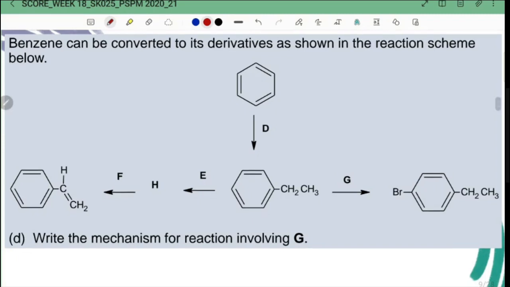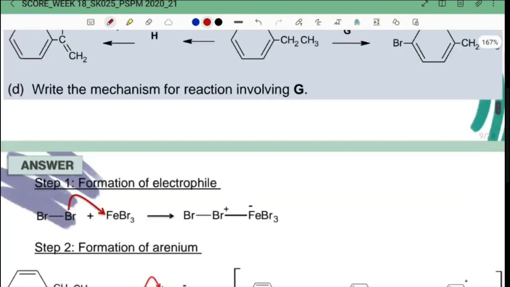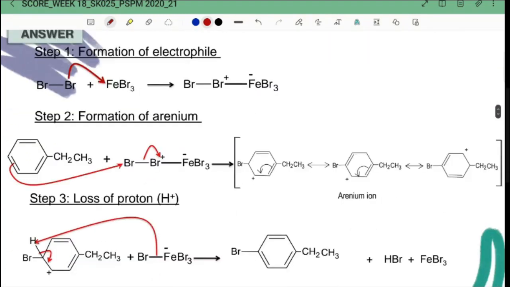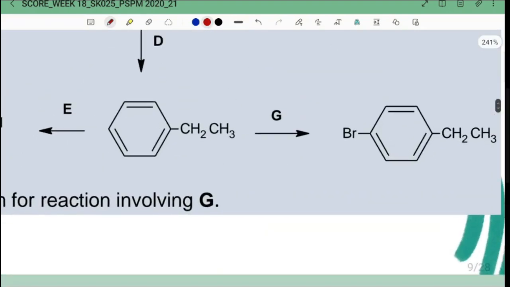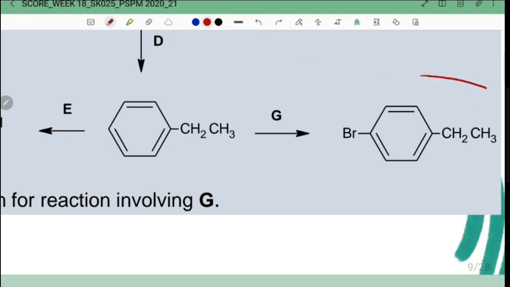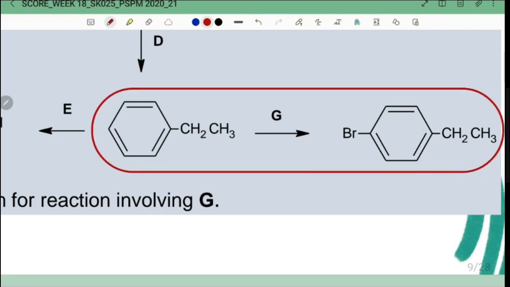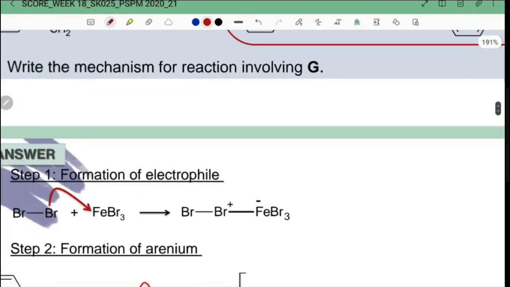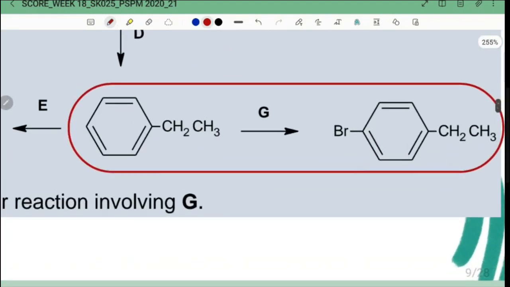So for this one, involving G, look at the reaction here. Of course, because it is inserted here, G gives you the para position.